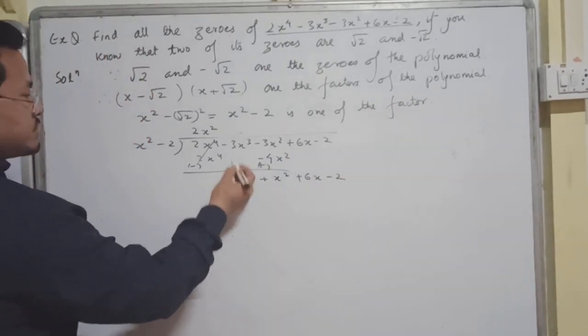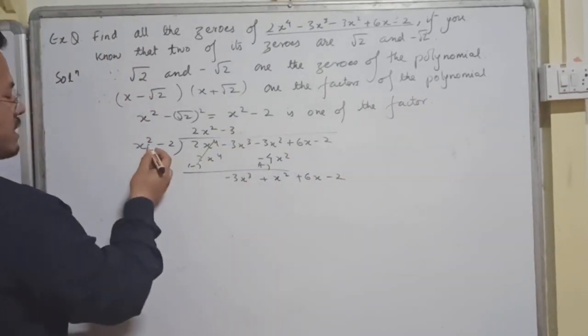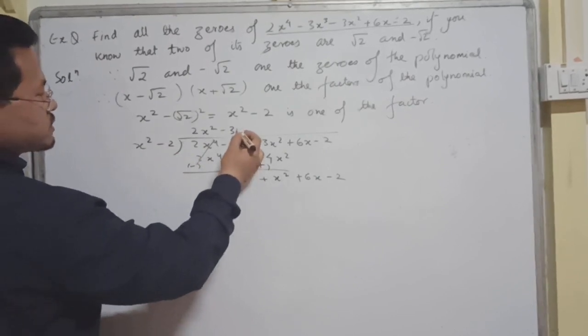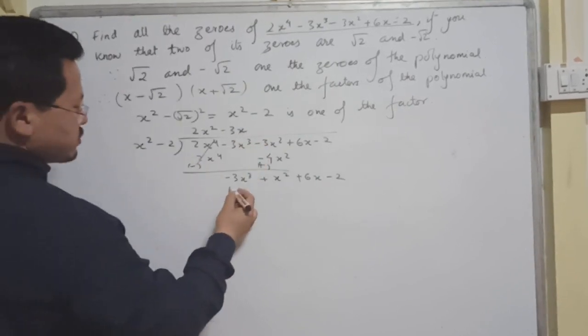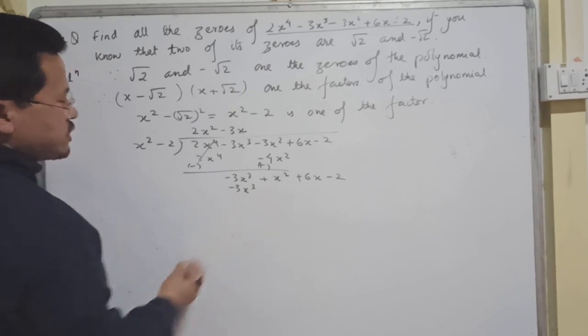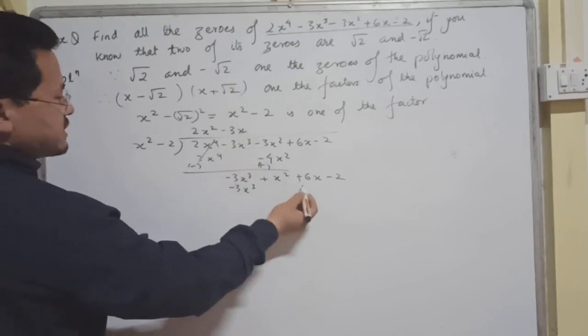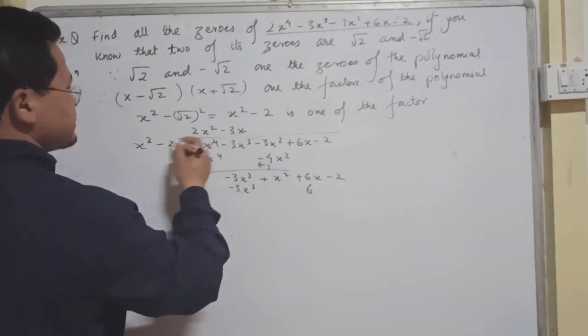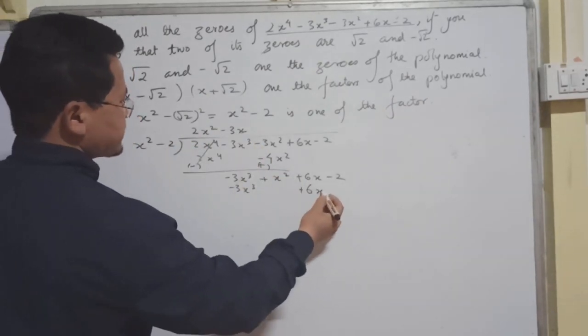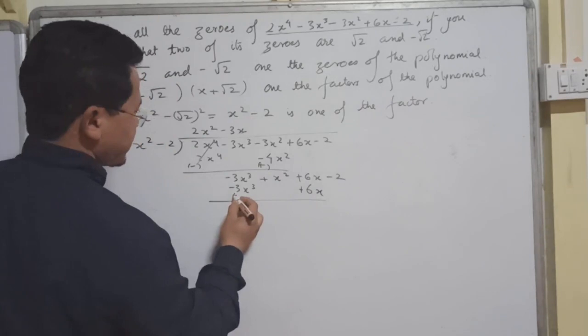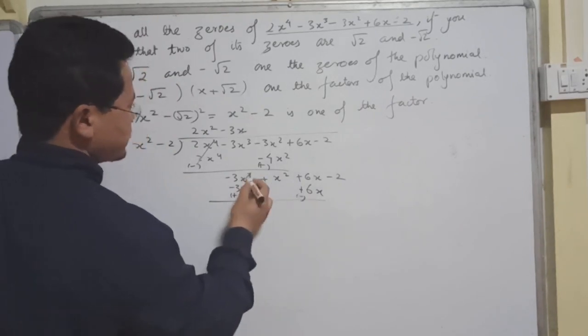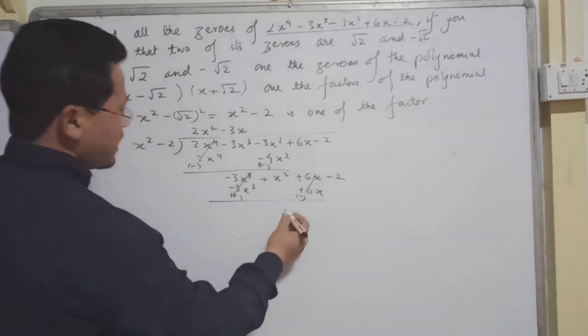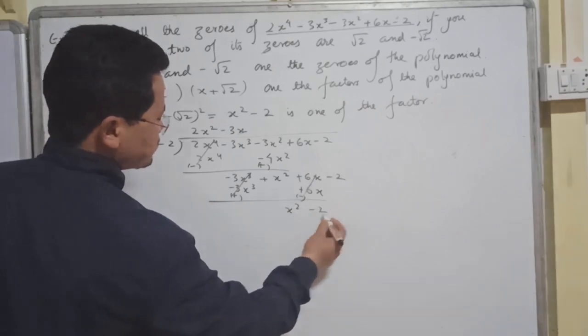Now we need minus 3x, so we take minus 3x. Multiplying gives minus 3x cubed and 3 into 2 is 6, minus minus is plus 6x. We subtract, so this also cancels, and we have x squared minus 2.